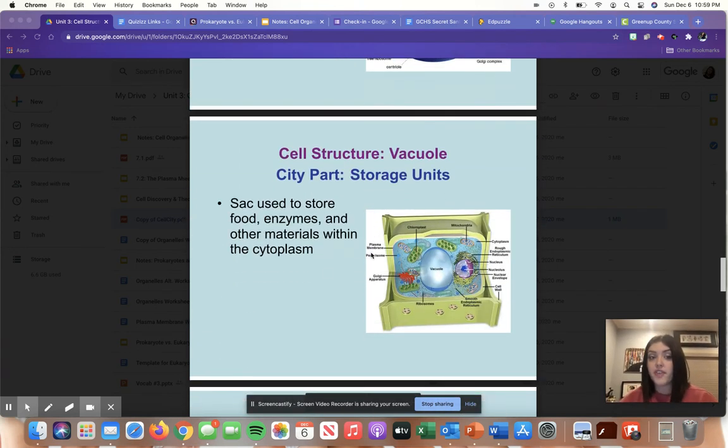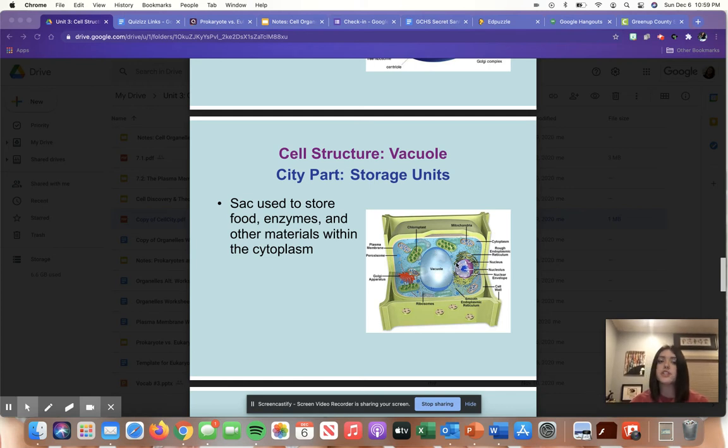So here we have the vacuole. Now remember, both plant and animal cells have vacuoles, but it is much larger in the plant cell. So here we have the plant cell. We can tell because here are those chloroplasts, remember? There's also a cell wall. But see how big the vacuole is?